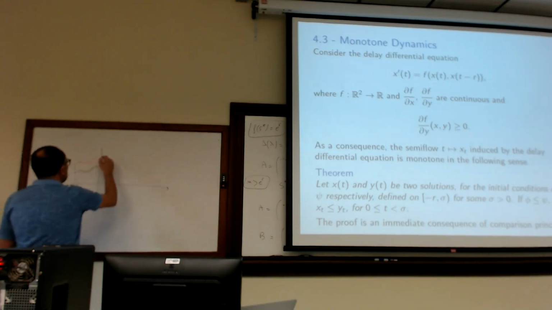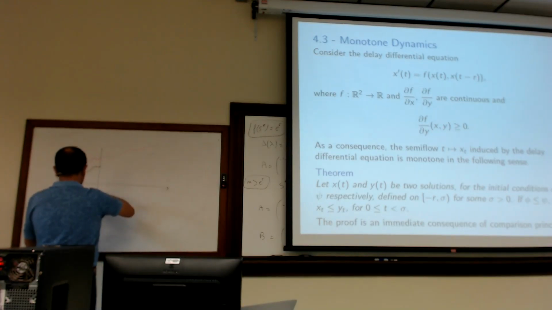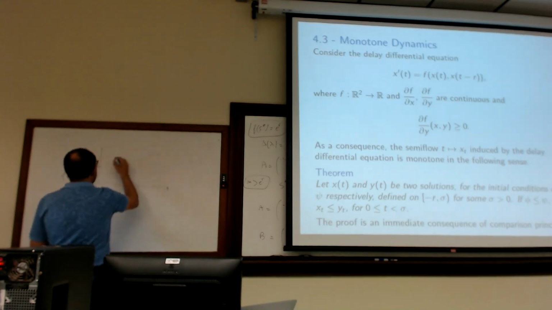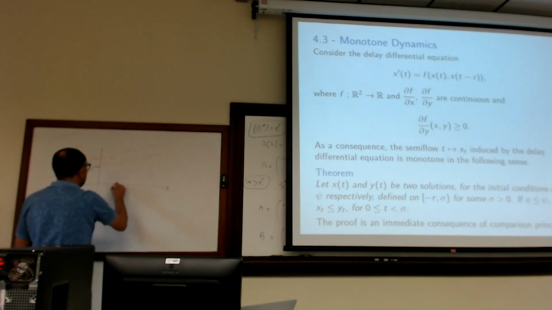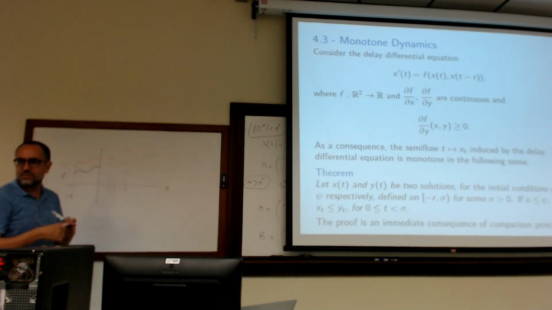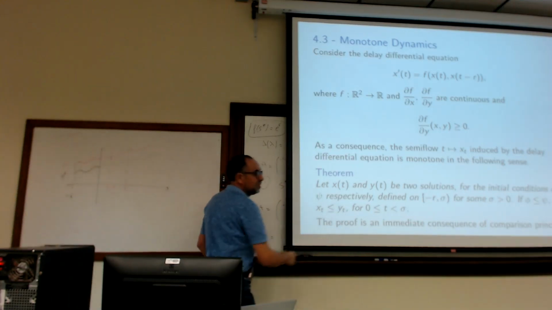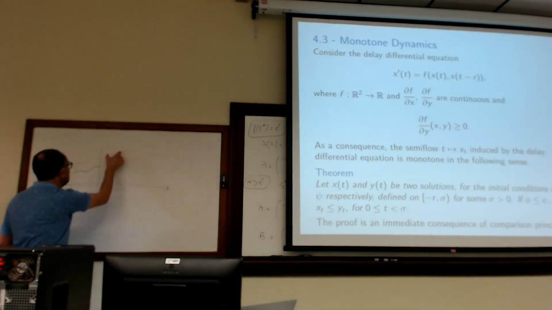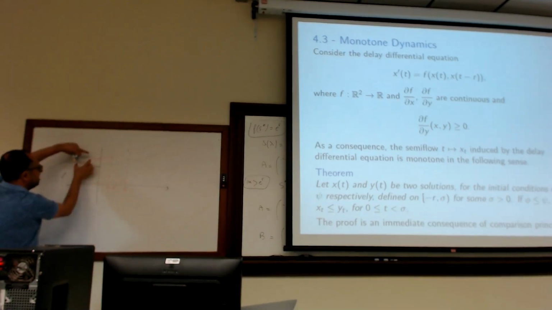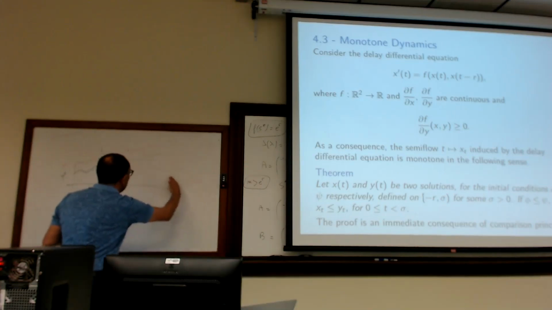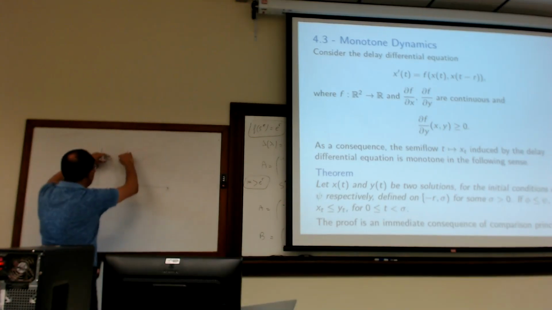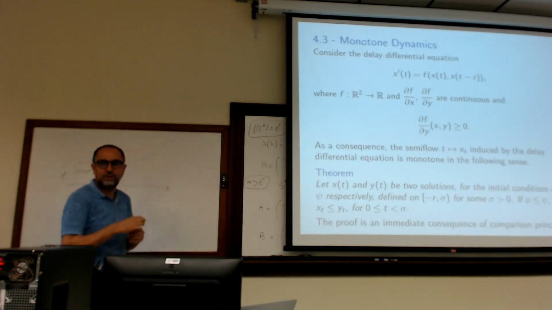Then the solution here and the other solution here, if you take each piece of the solution between t minus r and t, this piece will be bigger than the other piece. This is what that means, this property. You translate this piece here and this, and you will have this one bigger than this one. And if you increase time, always they will be like this. This does not have to be increasing, but the red one in each piece has to be bigger than the other one.